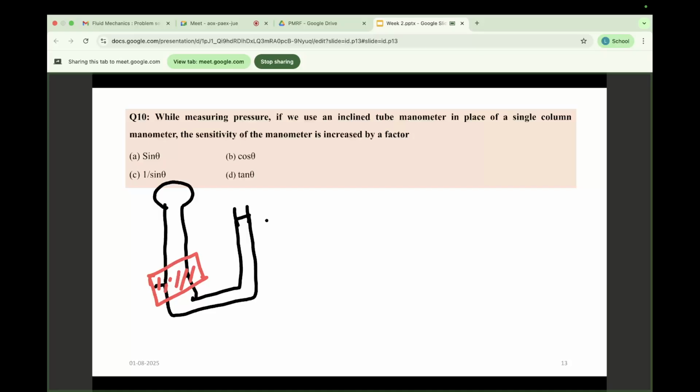So I have to find out the pressure at this point. So let us consider this point as 1. So this pressure should equal what? I make it generalized. This should be rho g, say it is x.